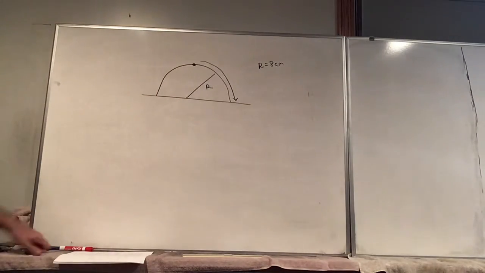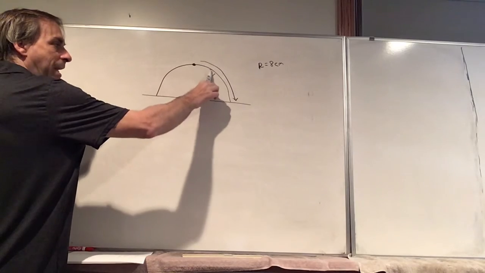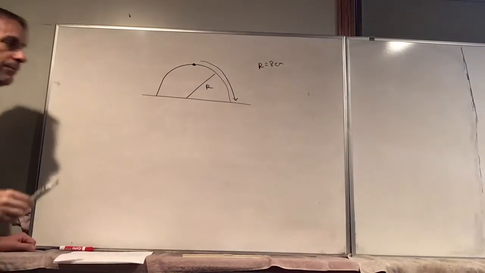Now, it's a circular arc, so of course you're tempted to use circular motion, a lot of that v squared over r. Problem is, this is definitely not uniform circular motion, and it starts out at rest and it's speeding up as it falls down.